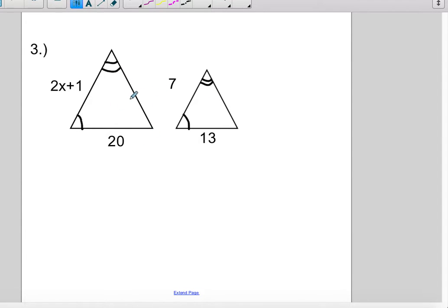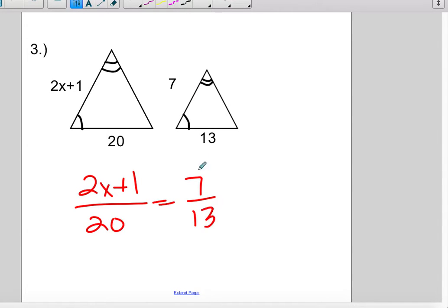So here are two triangles, the angles are similar, and so let's set up our ratios. So 2x plus 1 over 20, we know would equal 7 over 13. We'd set cross products equal to each other.